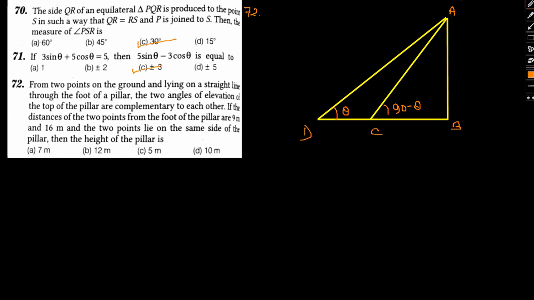Now it's given this is the pillar. So we know this distance is 9 and this distance is 16. Therefore this distance is 7.